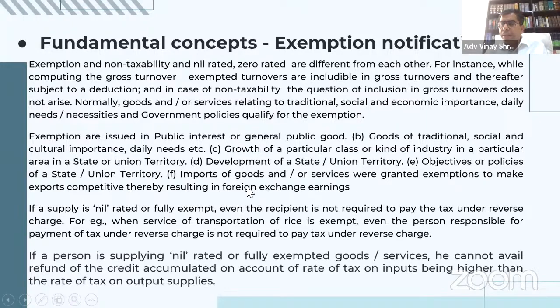Then if an item is nil rated, that means in the tariff itself the rate of tax is nil. So if the rate of tax is nil, it is not taxable in the first place. It is not non-taxable, though.